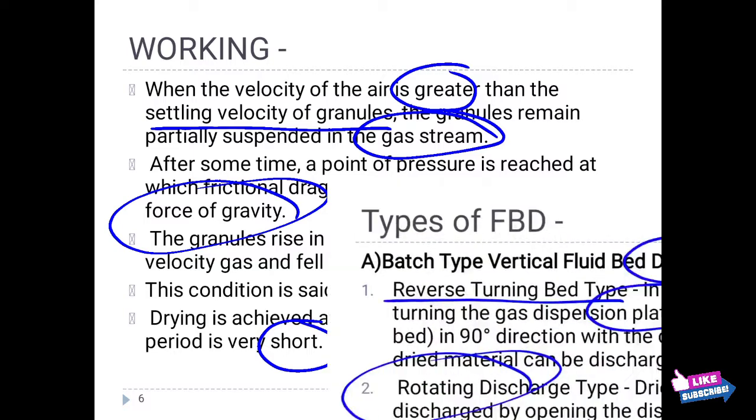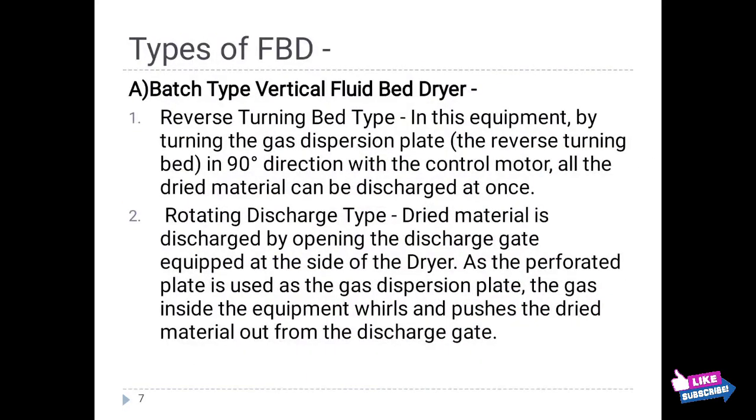There are two types of fluidized bed dryer. The first one is the batch type, the vertical fluid bed dryer. In that there are two types. First is the reverse turning bed type. In this equipment there is a gas dispersion plate, and in the 90 degree direction of the control motor all the dried material can be discharged at once.